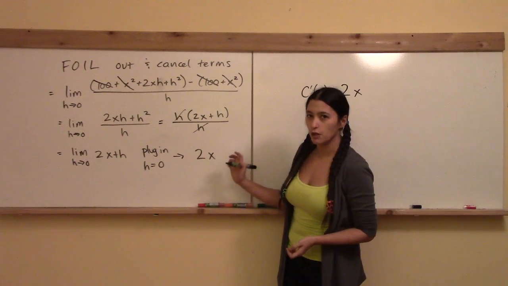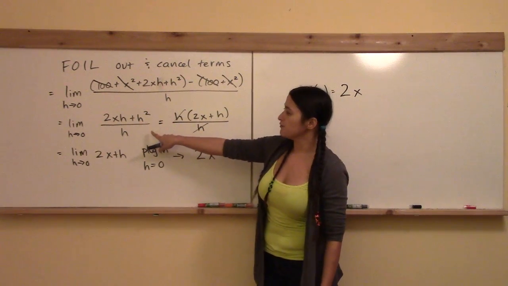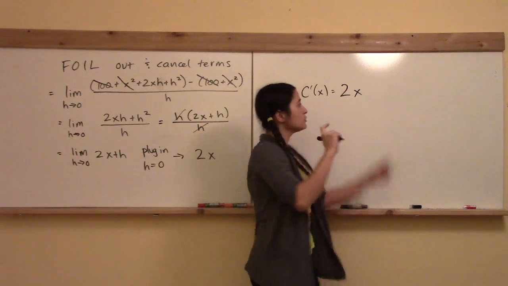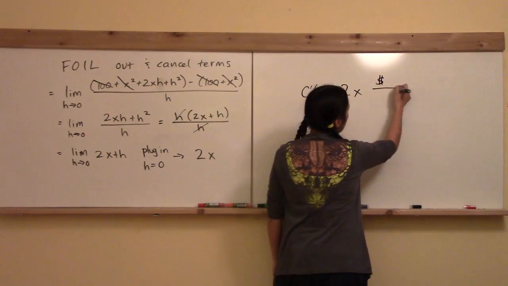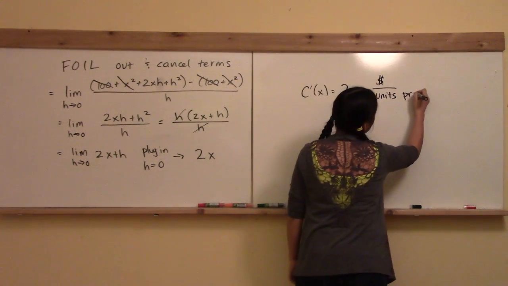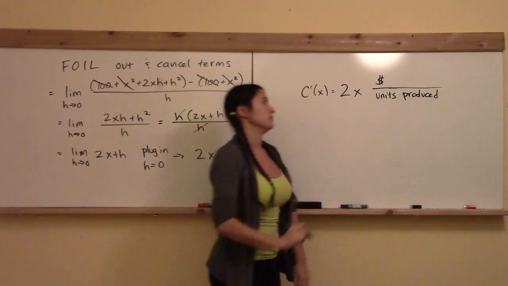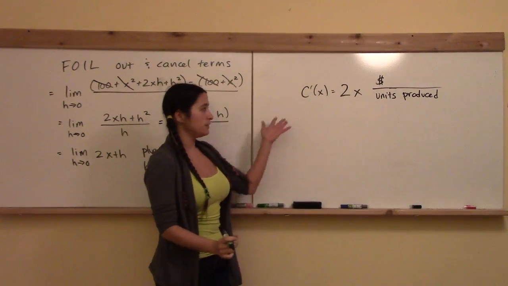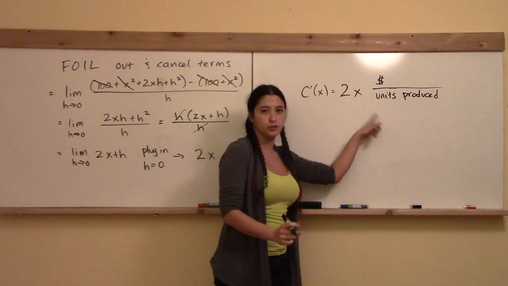It's derived as a slope calculation where the difference in the y's is on the top and the difference in the x's is on the bottom. So the units on this is going to be dollars, which is the y unit, per units produced, because that's the x unit. So I'll just write units produced so you don't confuse it with the concept of units, okay? So c prime of x is equal to 2x, and the units on that is dollars per units produced.